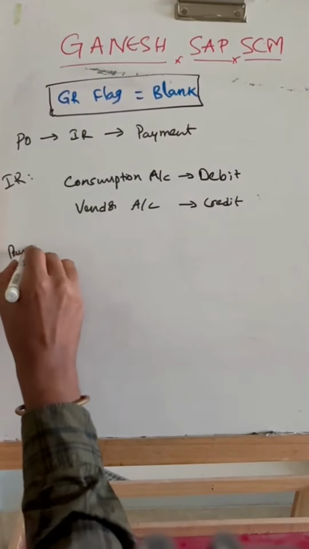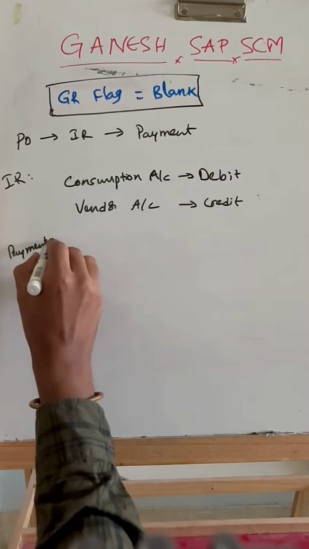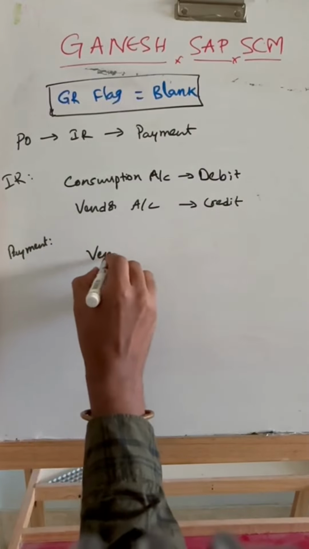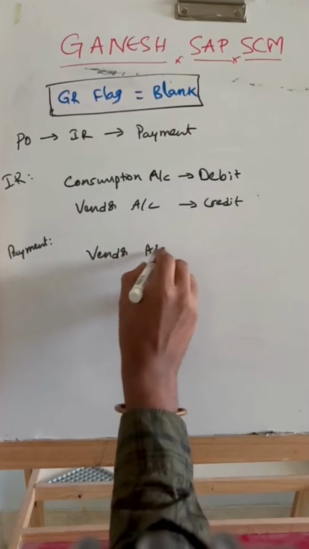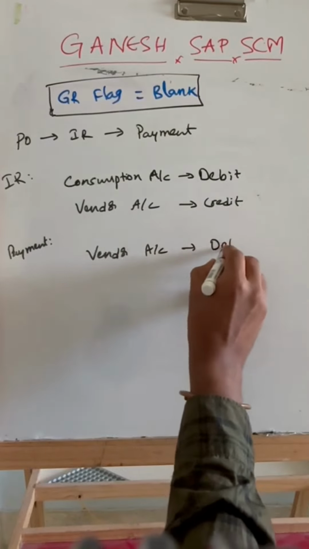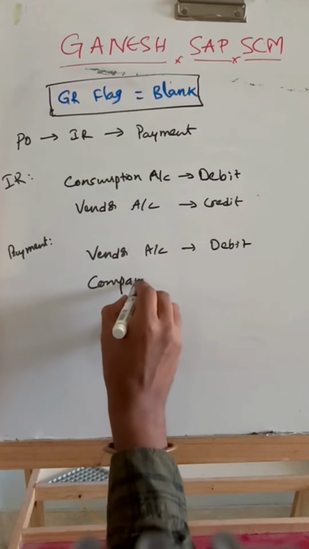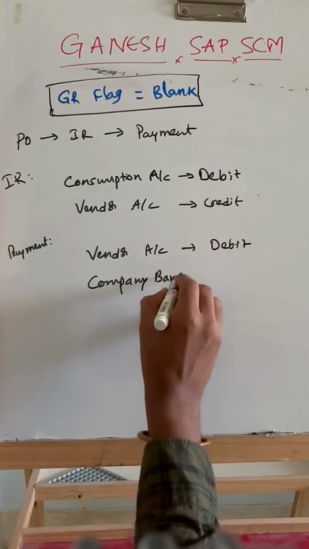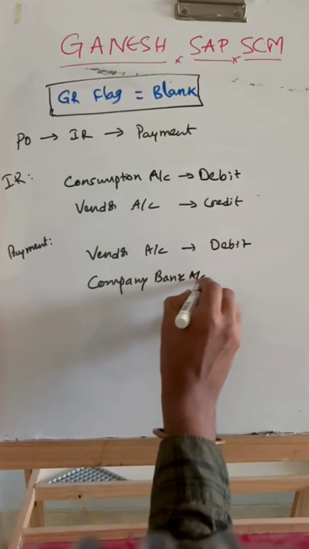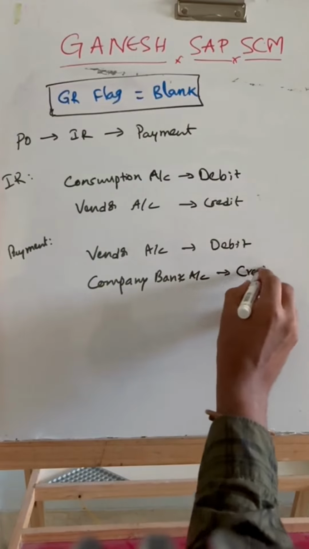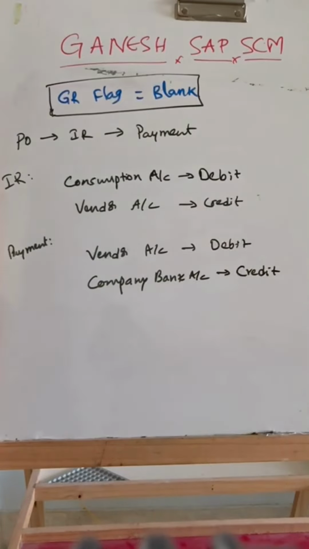During payment there will be no difference, directly the vendor account will be debit, company bank account will be credit. So when there is no GR flag, GR/IR clearing account will not be coming to the picture.